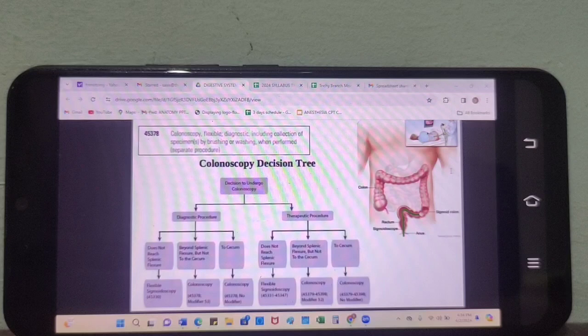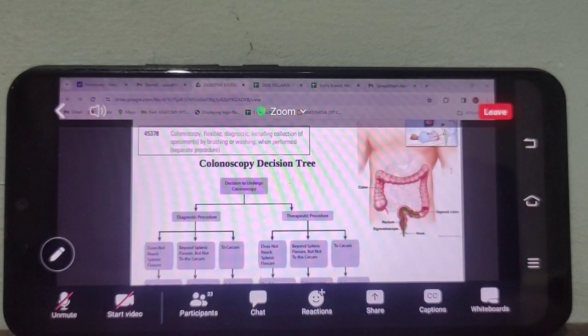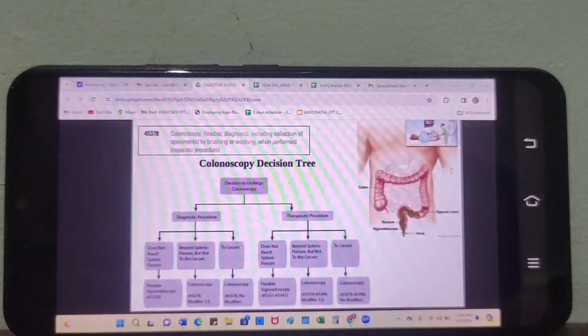But through the anus, there is no major complication compared with the endoscope. So there is a chance of planning a repeated examination. That's why they are appending modifier 53. Oh, okay.